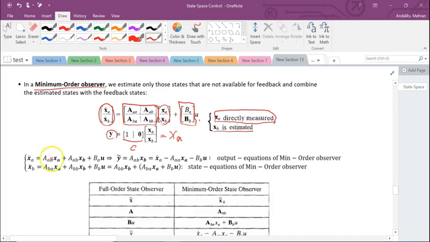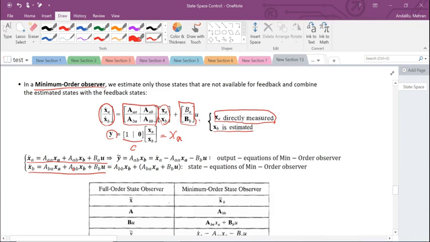If you expand it, the dynamics equations for those states that are measured are going to be like this: xa dot equals AAA times XA plus AAB times XB plus BA times U. And for estimated ones, XB dot is ABA XA plus ABB XB plus BB times U. Okay? So these are the dynamic equations for those.